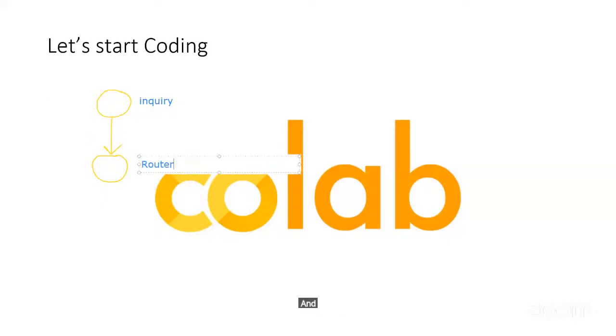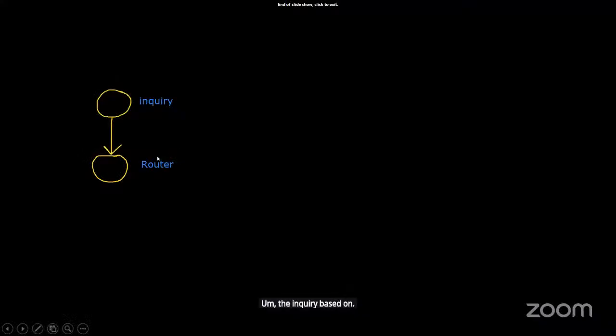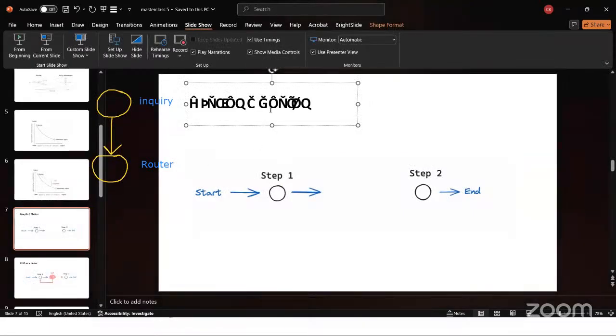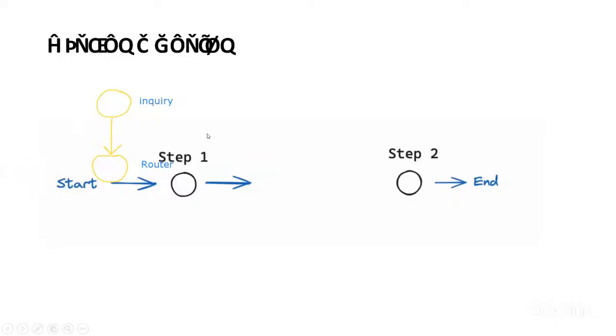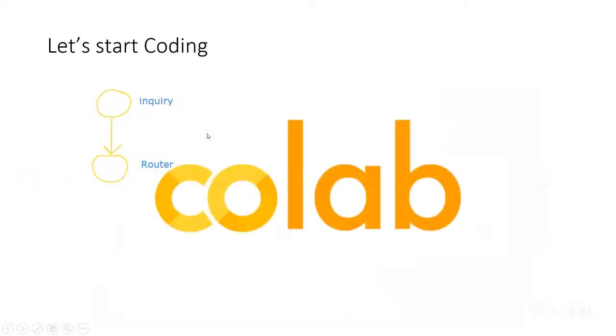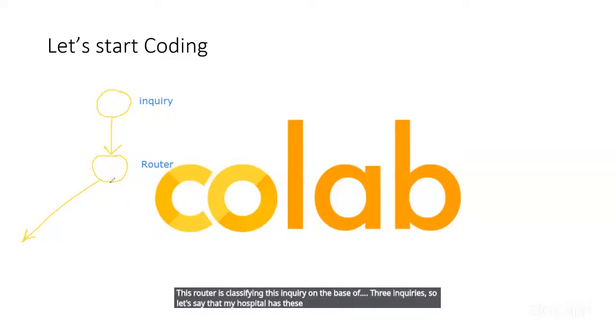This router is classifying the inquiry based on three wings. Let's say my hospital has these three wings.